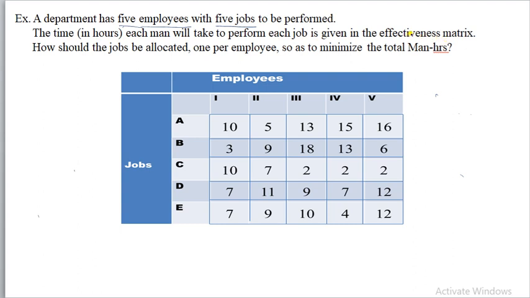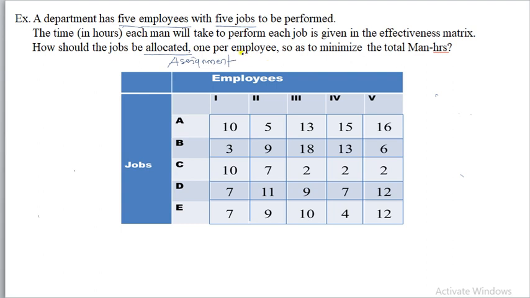Effectiveness matrix in the sense that, depending upon the effectiveness, the time required for a particular employee to complete a particular job is given here. So how should the jobs be allocated? This is the problem of allocation, which is nothing but the problem of assignment of jobs to employees.